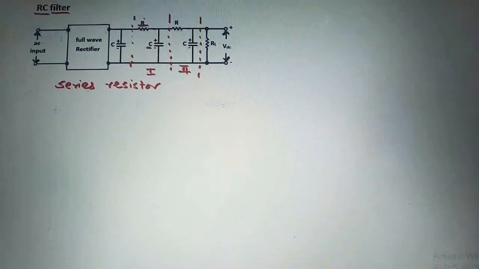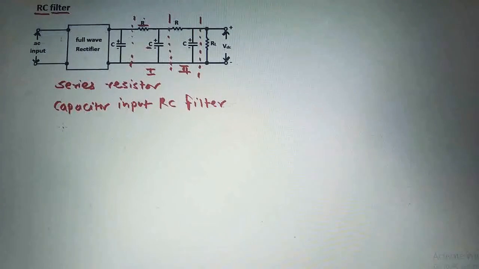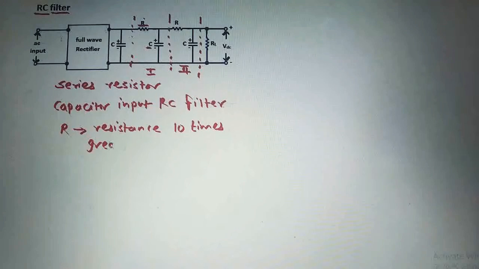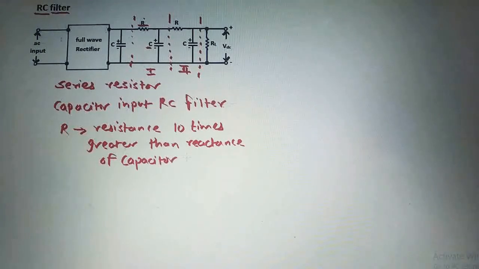This RC filter is also called a capacitor input RC filter, and this resistor R is having a resistance 10 times greater than the reactance of capacitor C, and that reactance is Xc.